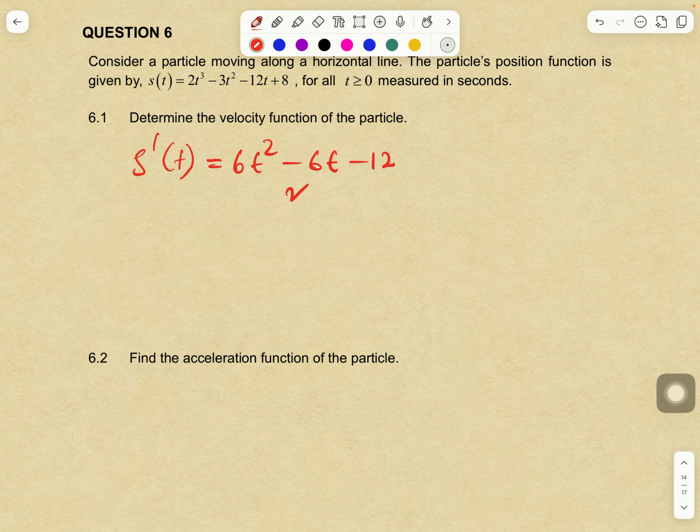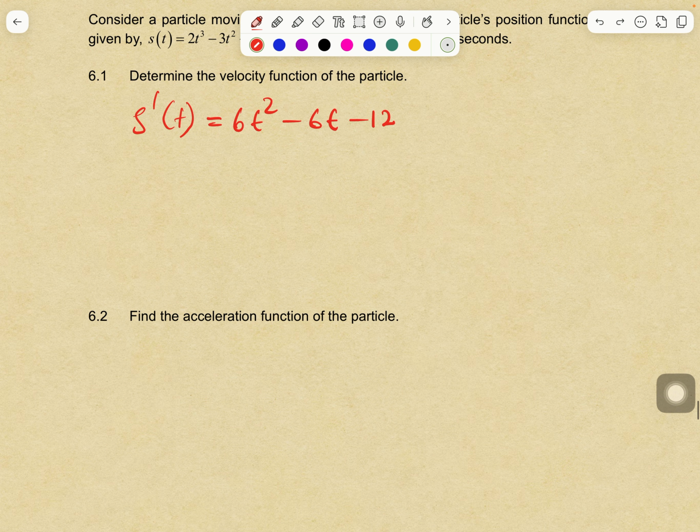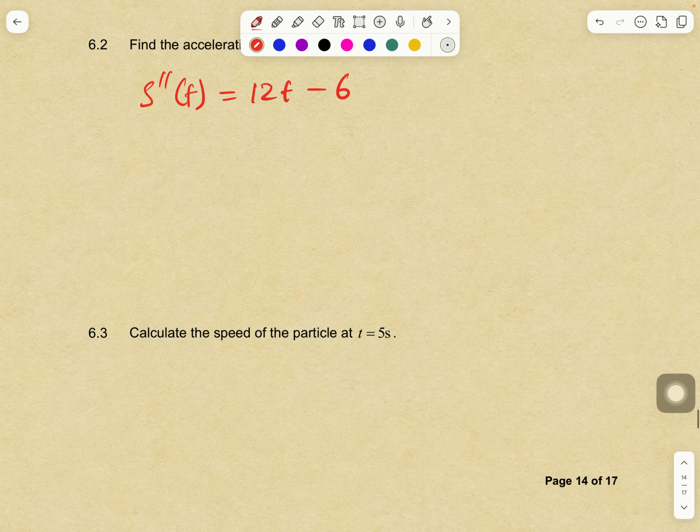That means you're going to derive this for the second time. So we're going to get s double prime at t, which is now 12t minus 6. That is what we get. It's the second derivative. Cool.